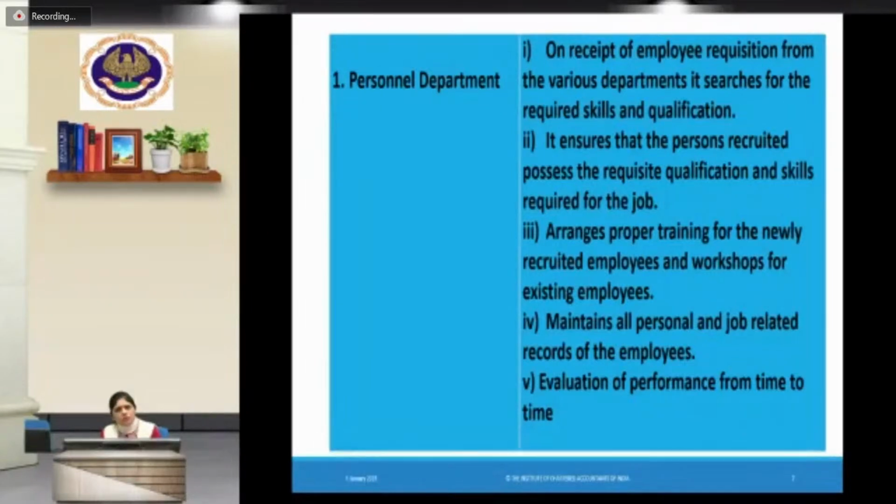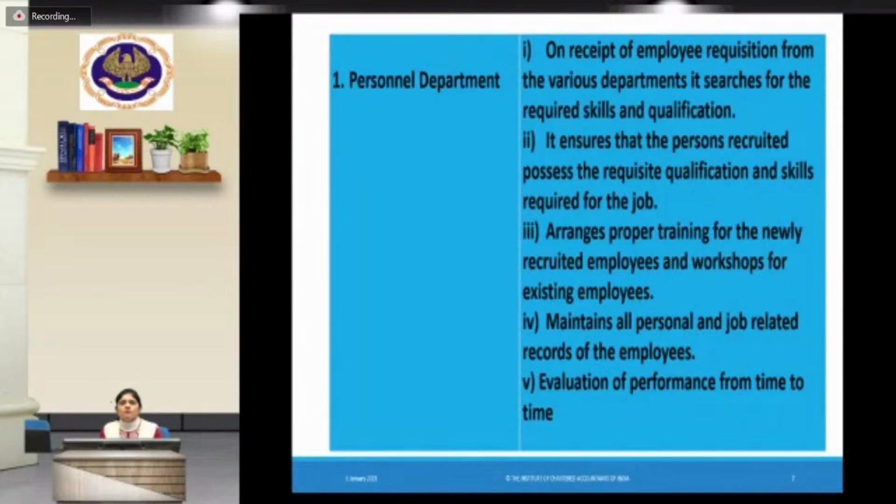And then we ensure that whatever persons we have recruited, that means appointed, possess those skills and qualifications. That is the basic and very important role of the personnel department, that whosoever we recruit should have the required skill and qualification to do that particular job, and should fit that purpose and role. Then, once the person has been recruited, the personnel department arranges proper training for the newly recruited employees, and of course workshops for existing employees.